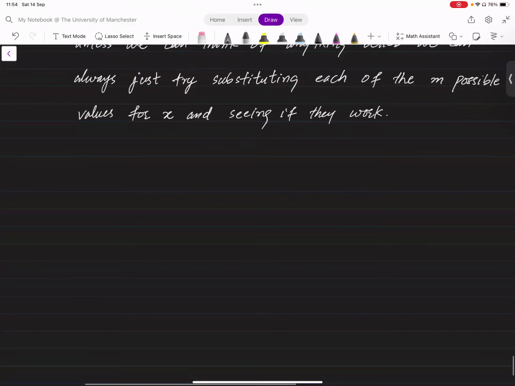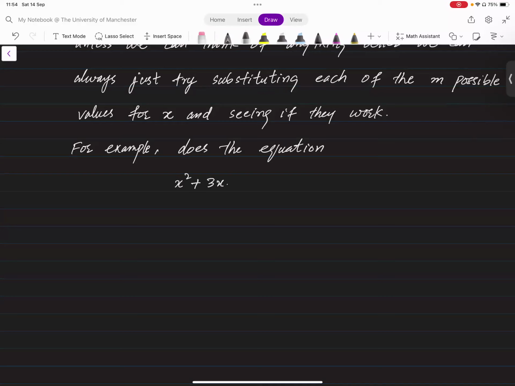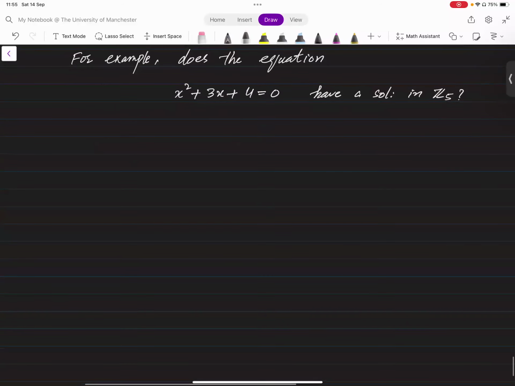So let's say, for example, does the equation x squared plus 3x plus 4 is 0 have a solution in Z5? Well, if we substitute the 5 possible values for x into the expression and work out the answers in Z5, here is what we get.